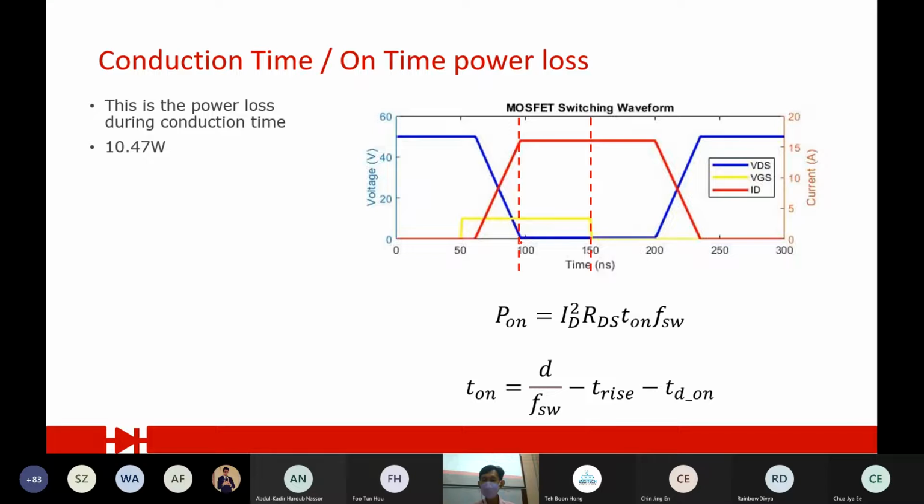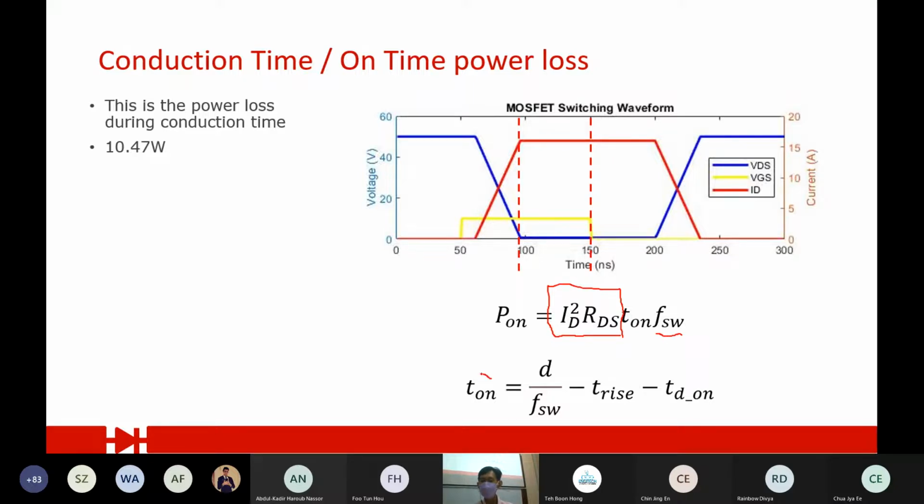There is no voltage, but we have current. Turned on already, current fully flows through. So we use I square R. You see, it's all power equations, I square R. In power electronics we're dealing with a lot of power, so it's I square R. Then we multiply by the turn on time and multiply by the frequency.